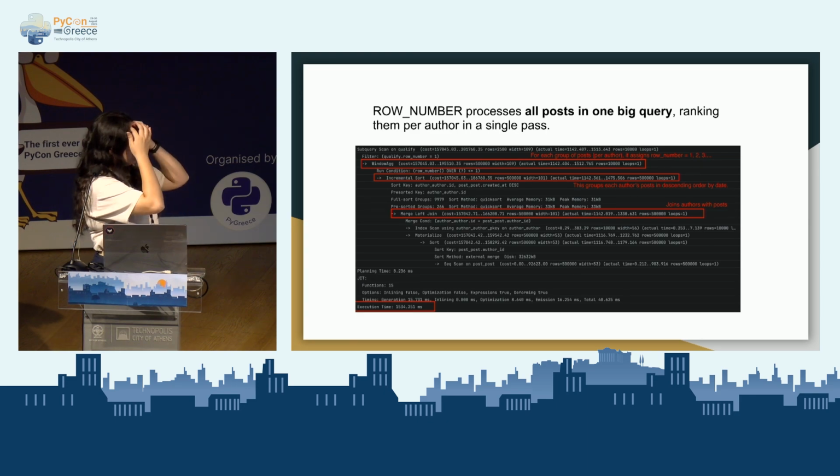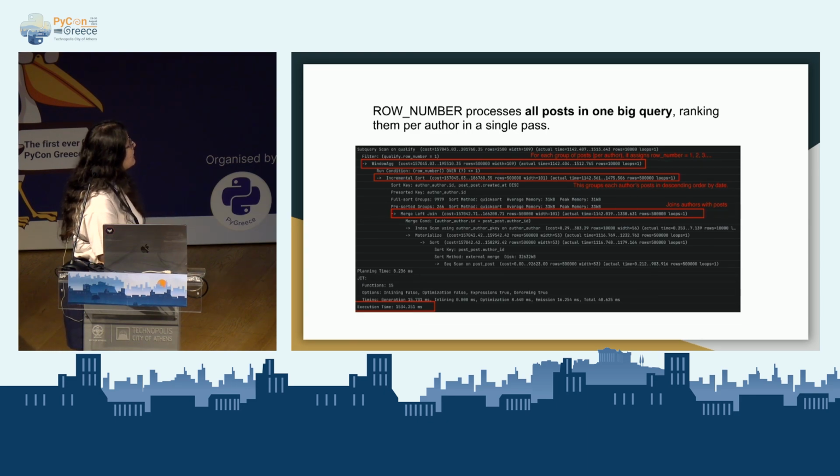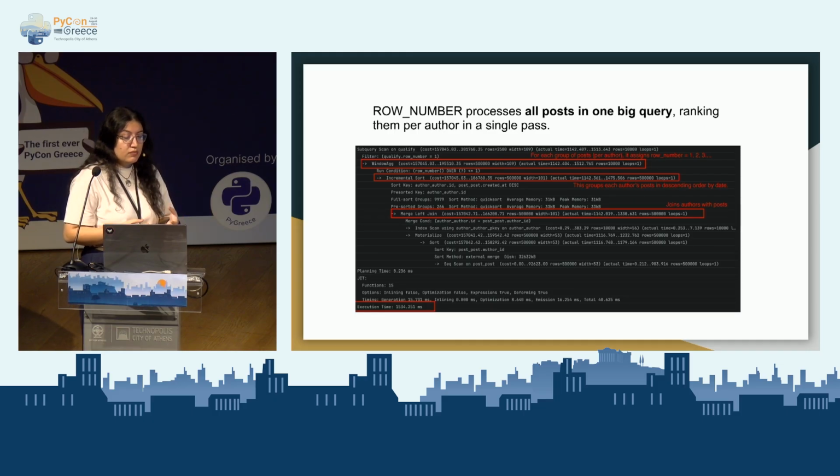But one point I want to make about this. If you have limited data, for example, if you only want the latest 10 authors' data, probably OuterRef is faster than row number because it only runs 10 subqueries.